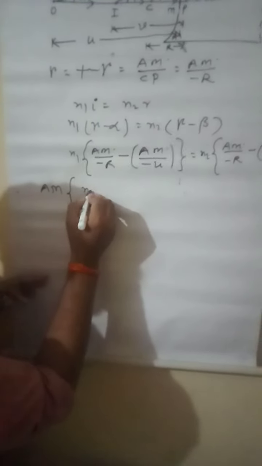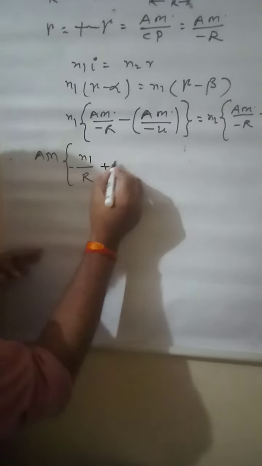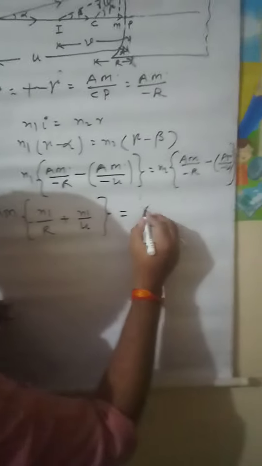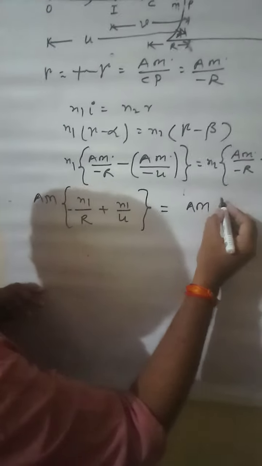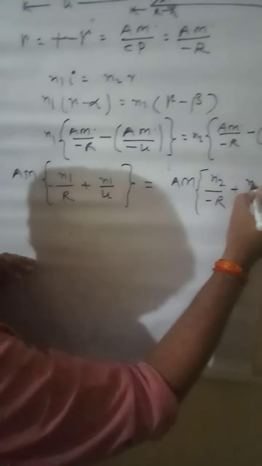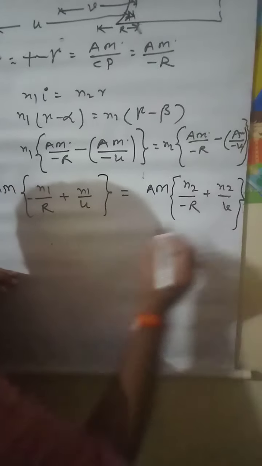Rearranging the above equation, taking AM common from both sides, AM times n1 by minus R plus n1 by u equals AM times n2 by minus R plus n2 by v.